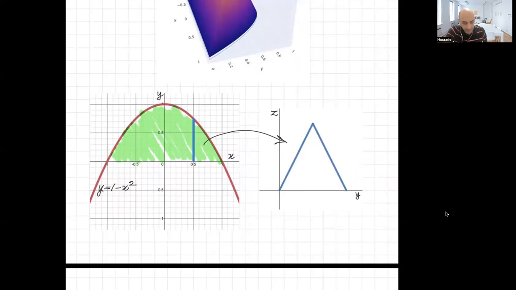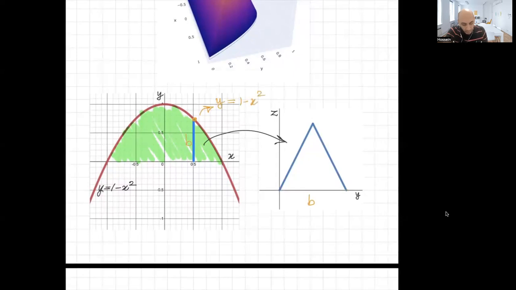Let's call that base B. Well, we know the coordinate of this point here: the coordinate is y, which is equal to 1 minus x squared.